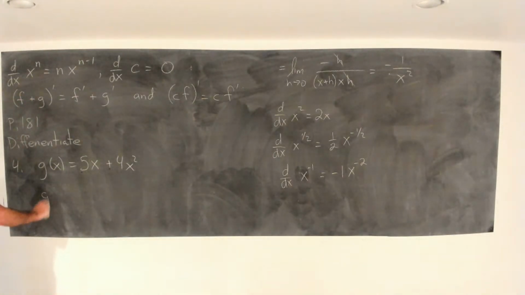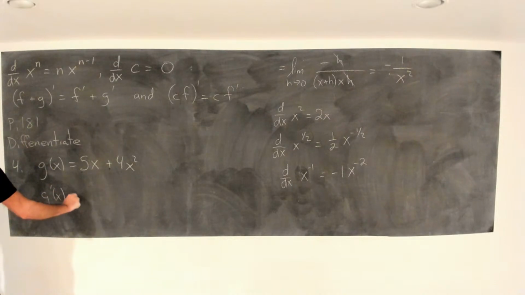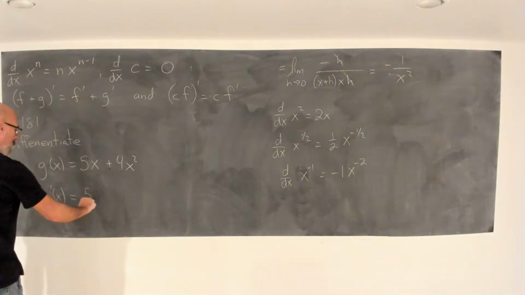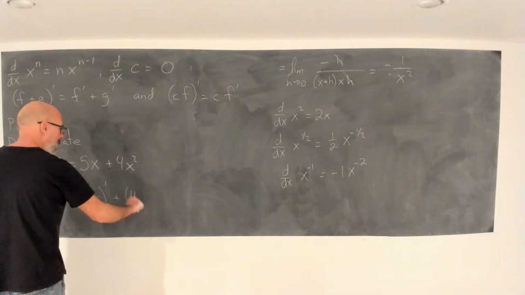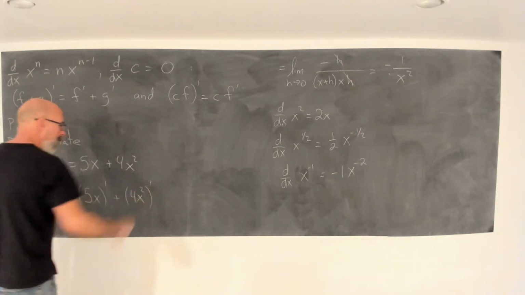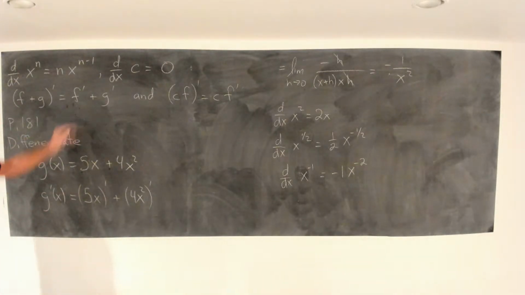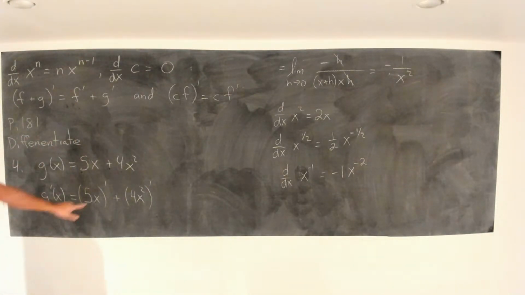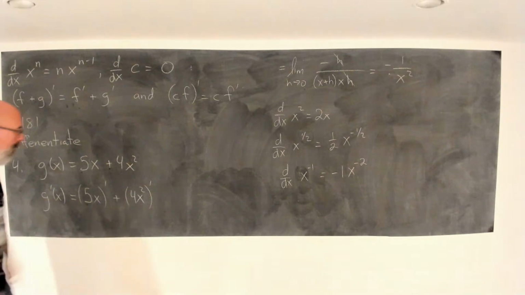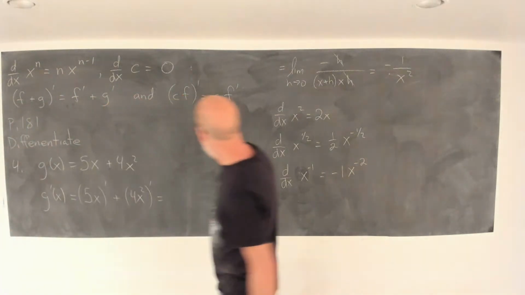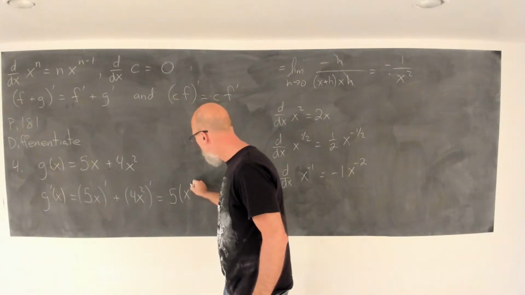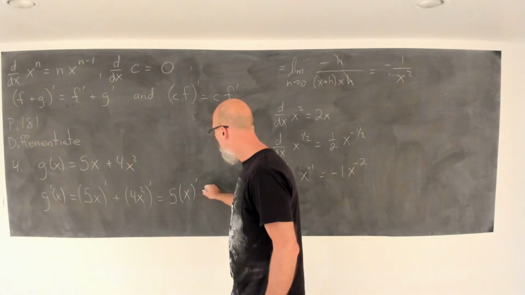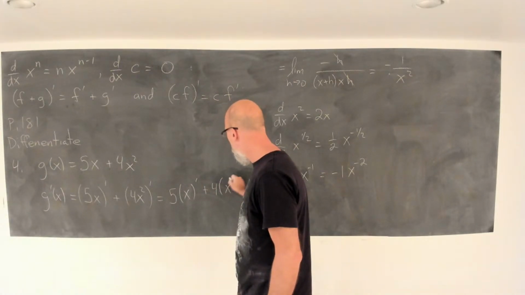So the derivative of a sum is the sum of the derivatives, by this property. And now you've got a constant times a function. So you can, by this property, pull out the constant. This is 5 times the derivative of x plus 4 times the derivative of x squared.